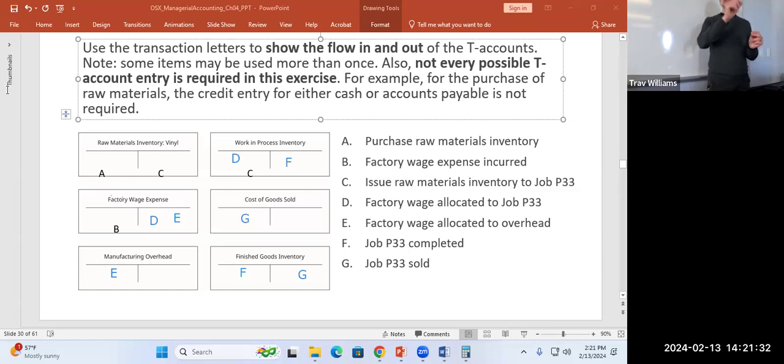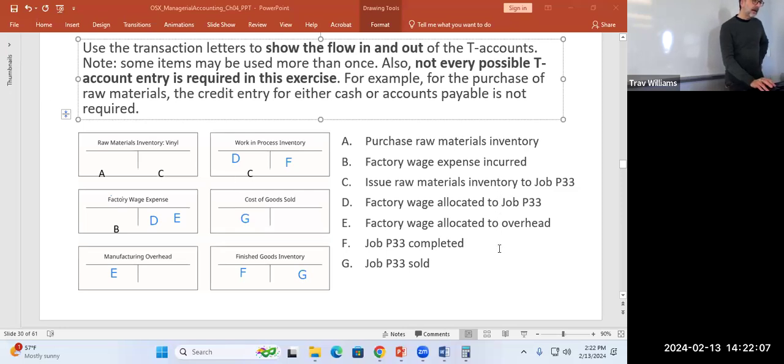And then we allocate those material costs and those labor costs to the work in process for that particular job, right? And then any indirect labor and indirect materials go into manufacturing overhead. And then at the end of the job, when we know how much overhead to apply, we take it out of there.